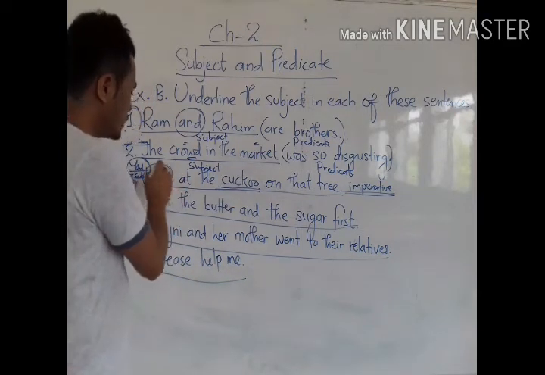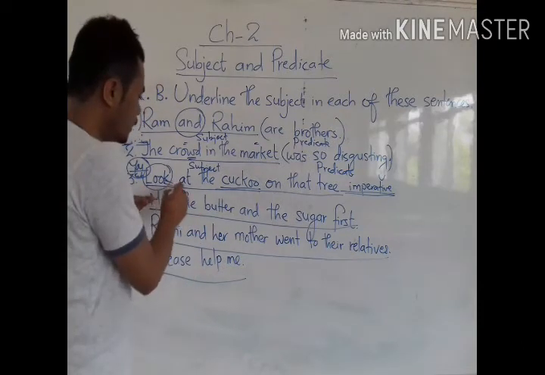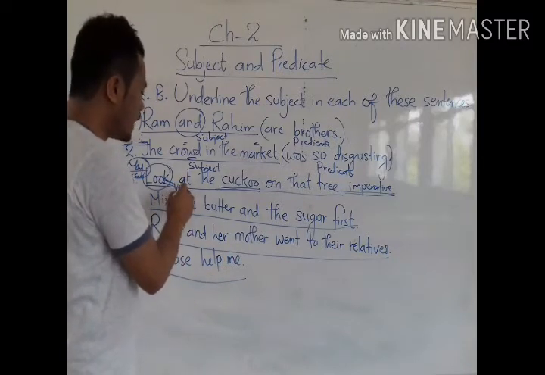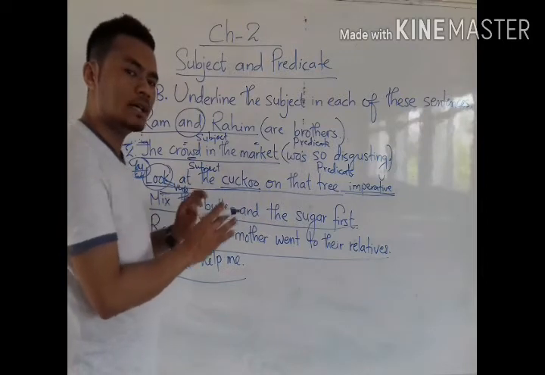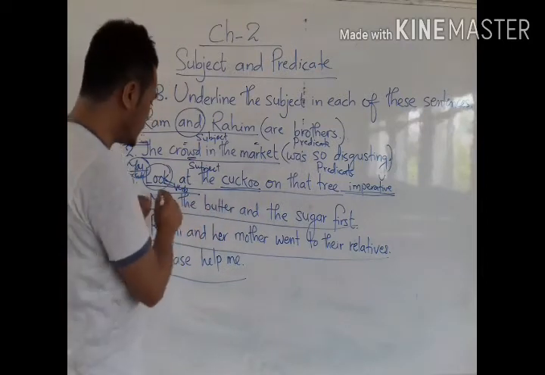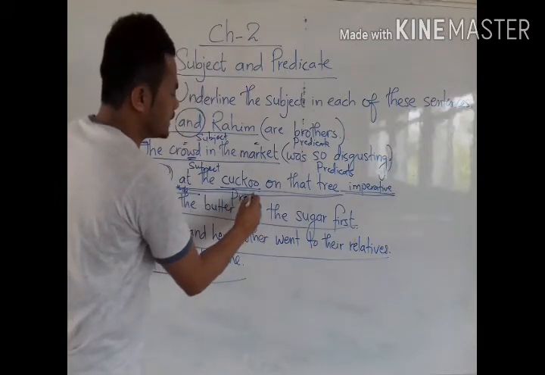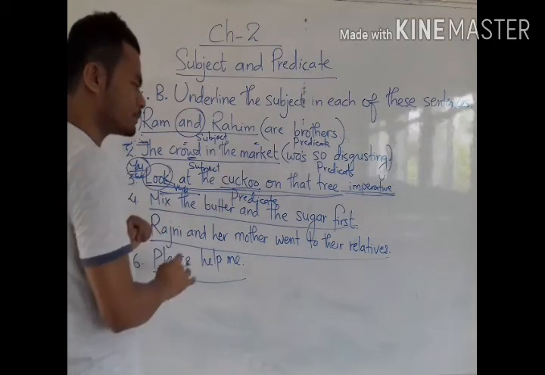This is the verb, and I have already told you the verb is the main part of the predicate. So here look is a verb. After the verb, other words that qualify the verb are part of the predicate. So here all of the sentence is predicate.